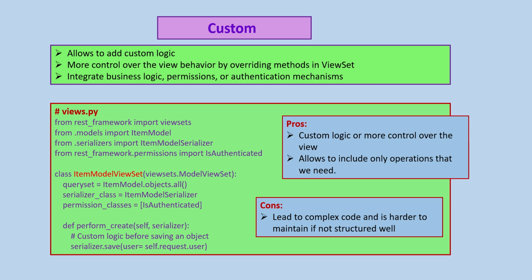So we need to structure it properly, or else it will become complex and hard to maintain. So this is about custom. In short, it allows us to add custom logic, gives us more control over view behavior, and along with that it adds permissions, authentication, and business logic.